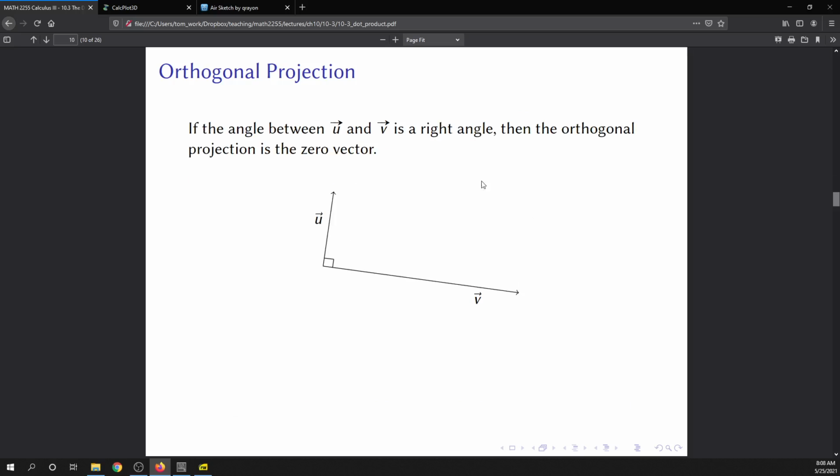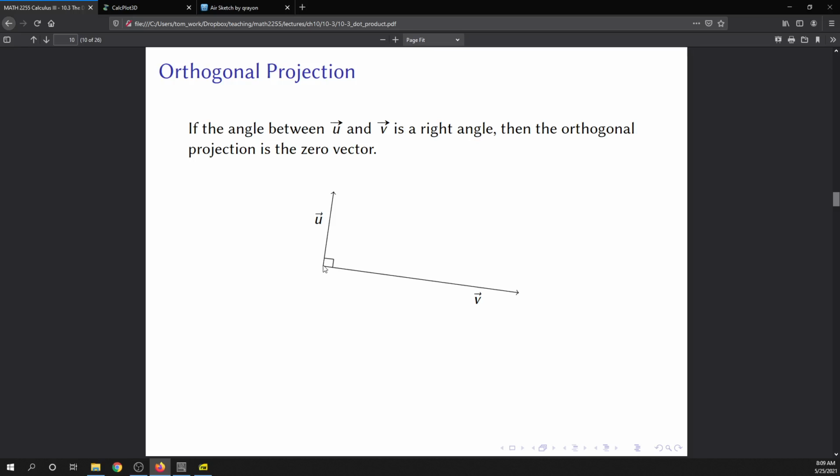In that picture that I showed you, the angle between the vectors u and v was an acute angle, but there are a couple of other cases. The angle between u and v could be a right angle already, like this. When you drop that perpendicular, it's going to coincide with the vector u.